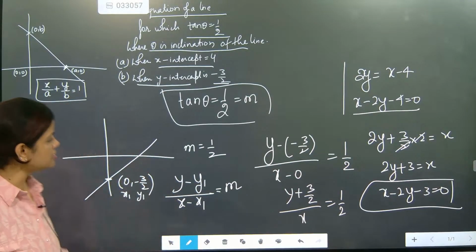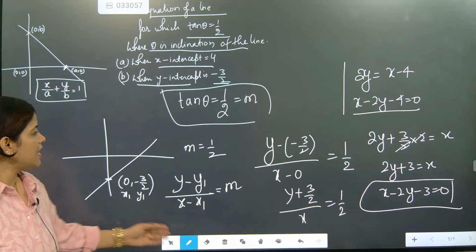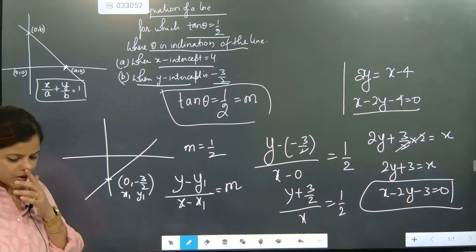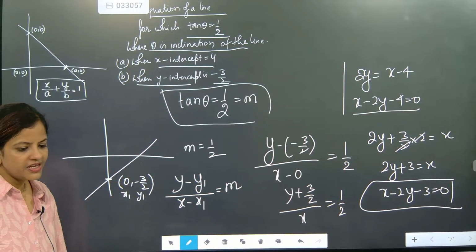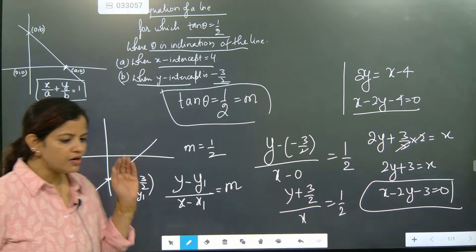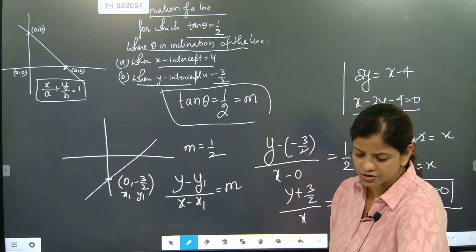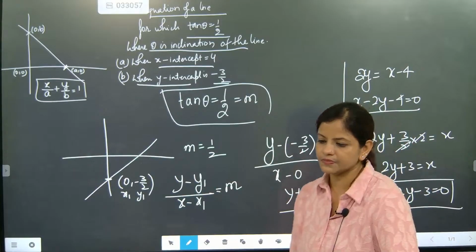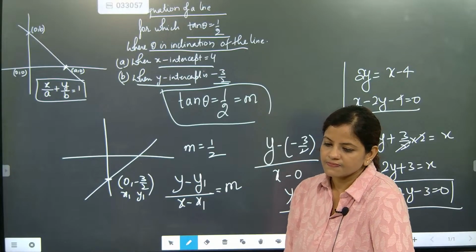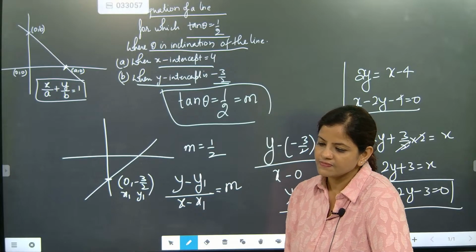Now look here, this is exactly the work we have done: (y minus y1) by (x minus x1) is equal to m, and then you substitute the y1 and x1 values and get it out. Very easy. Nothing big we have done, we have just used the logic. Siddharth understood, Payoja understood. No response is coming from anywhere. Very good.